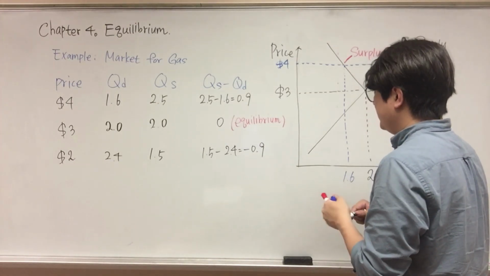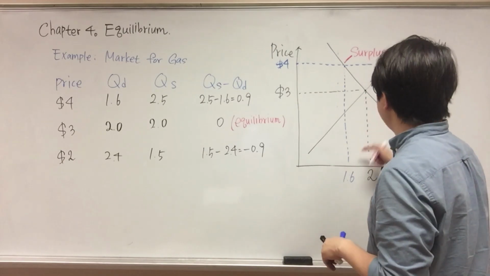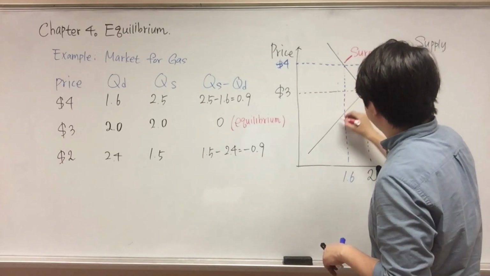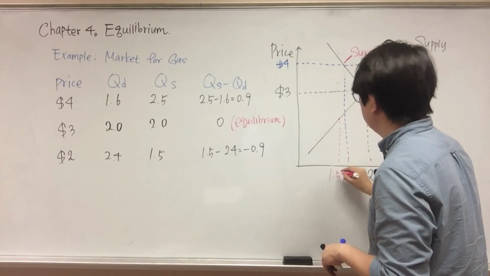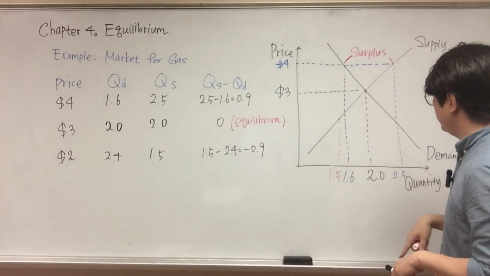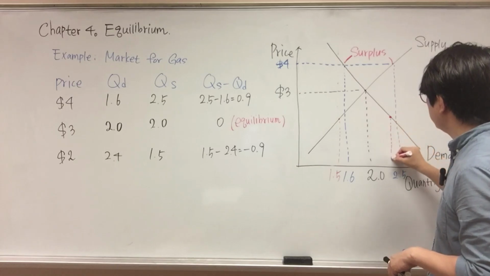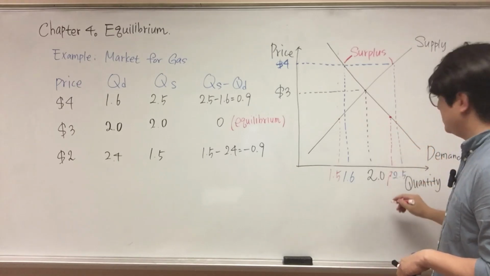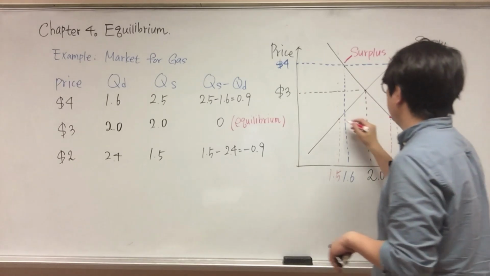1.5 would be here. 1.5 is quantity supplied. This point is from the supply curve. And 2.4 is in here. It is from the demand curve. So what happened?